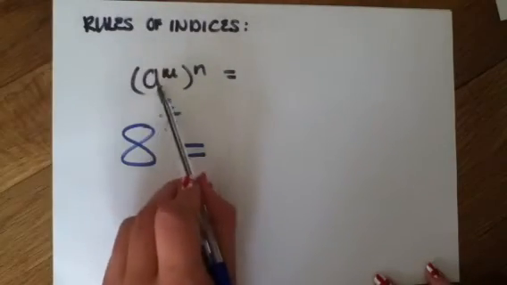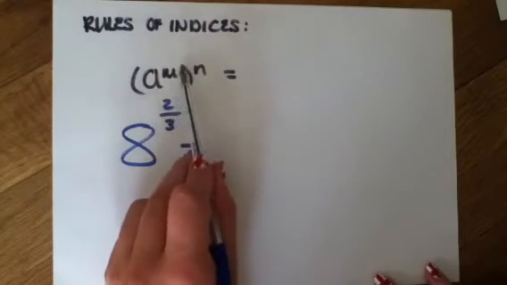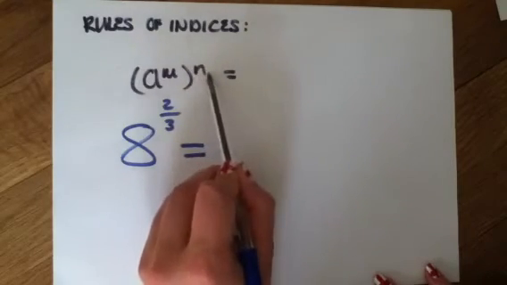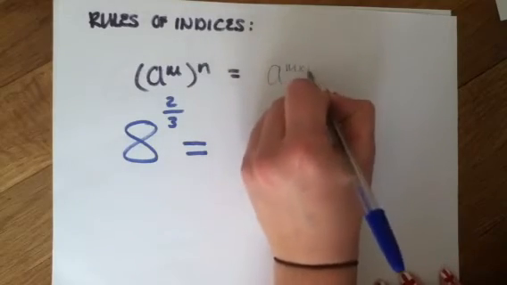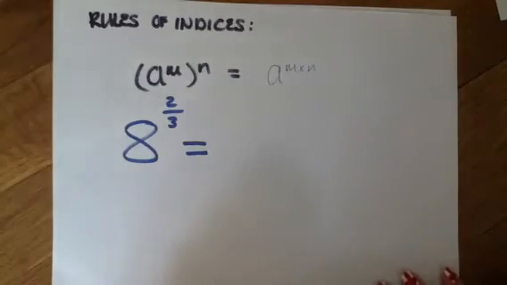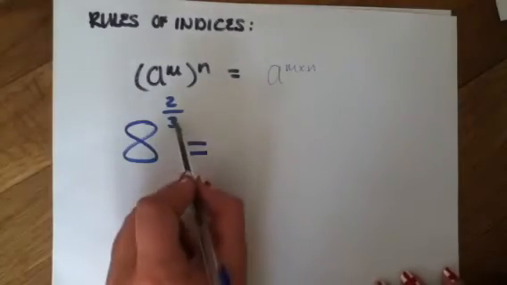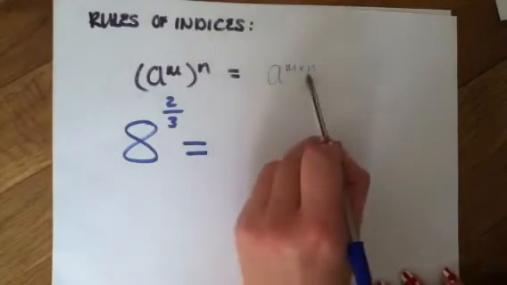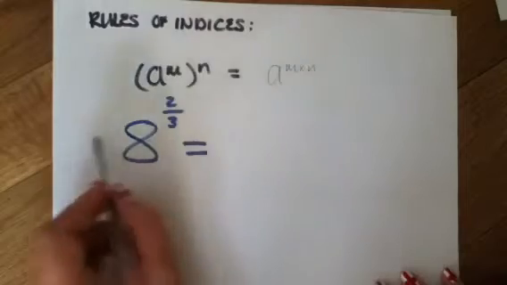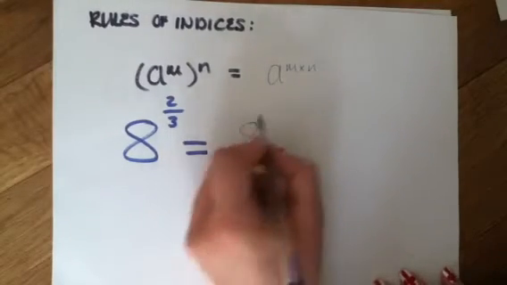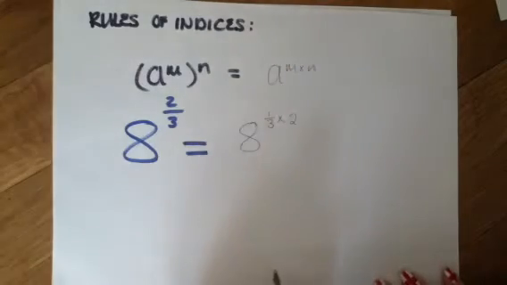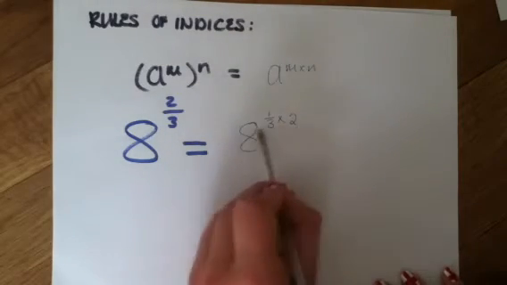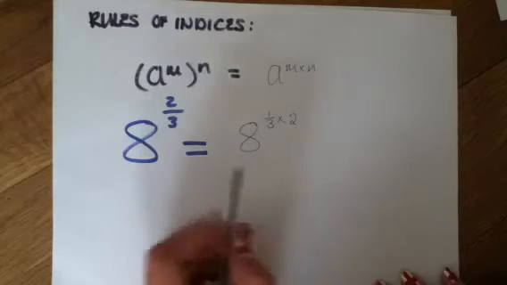Here's the third rule of indices. a to the m is raised to another power n. In this situation, m and n are multiplied together. Let's look at an example. We can split this apart, working backwards almost. We can say that the index is a third times a half, and we can apply each of these indices to 8 separately.